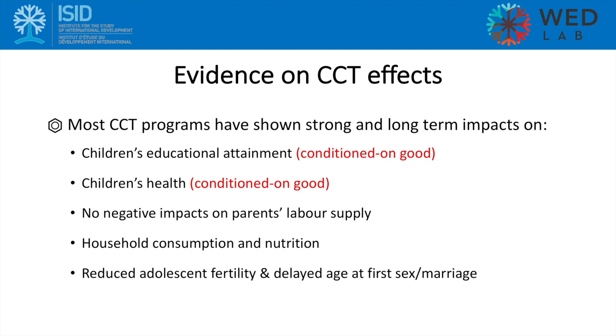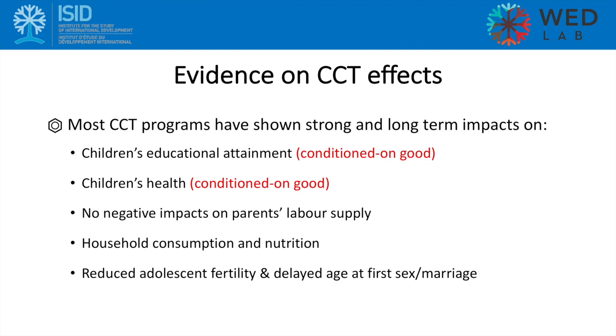All right, so now I'd like to get into the world of what's the evidence. So basically, first we had the big picture policy, then we had what theory tells us to expect with these things, and now let's get into some of the evidence. Most cash transfer programs, and in particular conditional cash transfer programs, have shown very strong and long-term impacts, not surprisingly, on those two things that the program conditions on, which is children's educational attainment and children's health and nutrition.